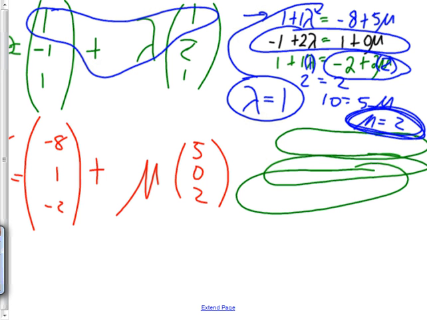So remember, these two might cross in space and time, but they might not be in the same space at the same time. This one might go this way, and now this one went that way, and they would have been at the same spot, but they weren't there at the same time. This one was there at this time, for that lambda is this one, and this one's at the spot at that time.